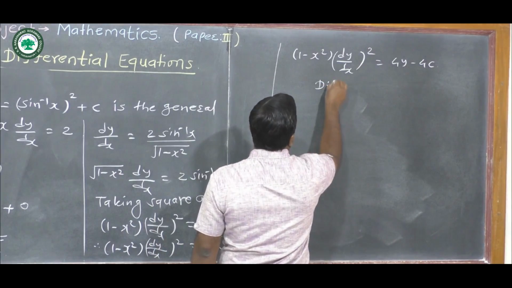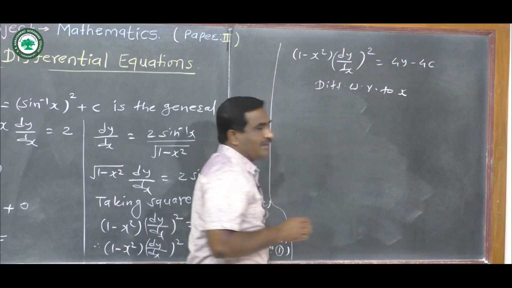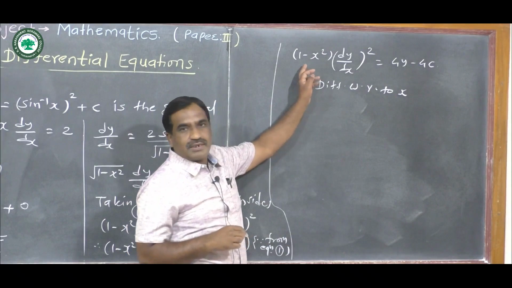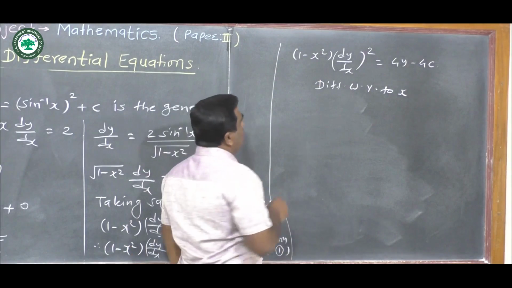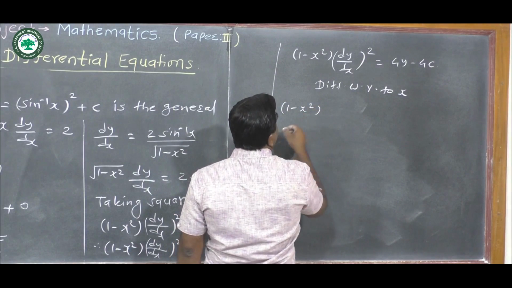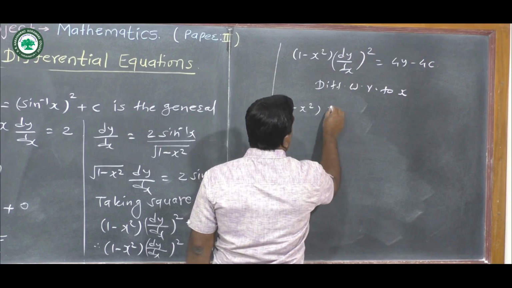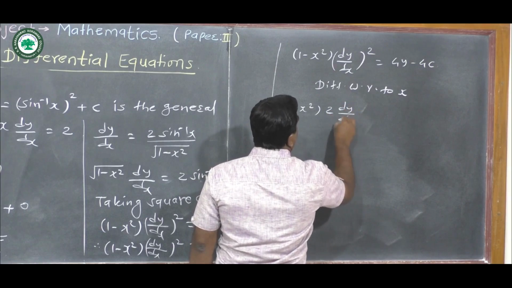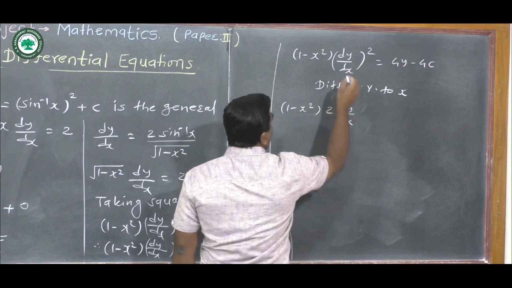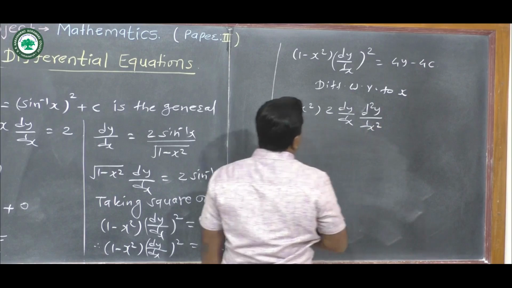Differentiate with respect to x and use product rule on the LHS. Therefore 1 minus x square as it is, derivative of dy by dx bracket square is 2 into dy by dx into derivative of dy by dx, d square y by dx square.